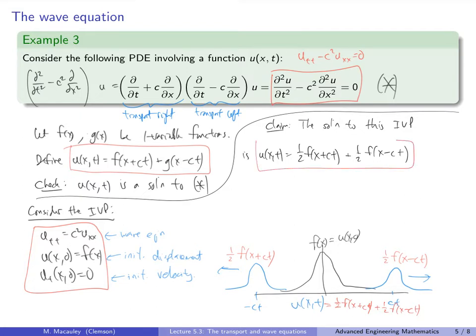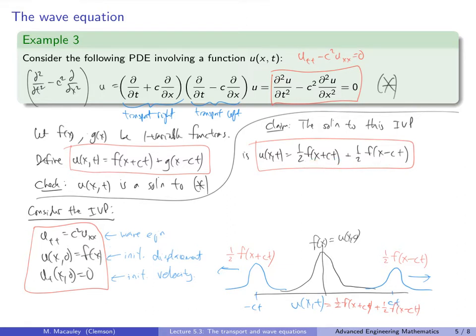Let me box that, and let's just go through why that is. So if you apply this differential operator to this sum, then the transport right is going to kill this term, and the transport left is going to kill that term. The initial displacement, if you plug in 0 into here, you get 1/2 f of x plus 1/2 f of x, you get f of x.